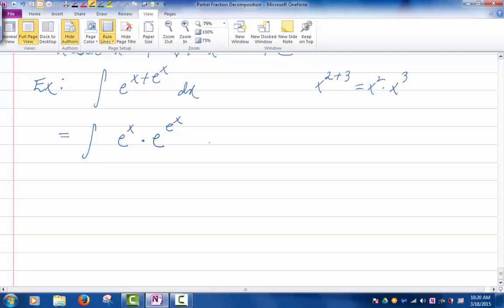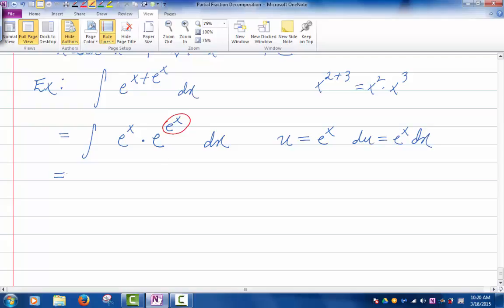Is everybody okay? Now, what you have to realize is that if you look at the exponent here in red, what's the derivative of that? The derivative of the exponent, e to the x, is a factor in the integrand. So that's why you should take a substitution where you take u to be e to the x, and du will be e to the x dx.